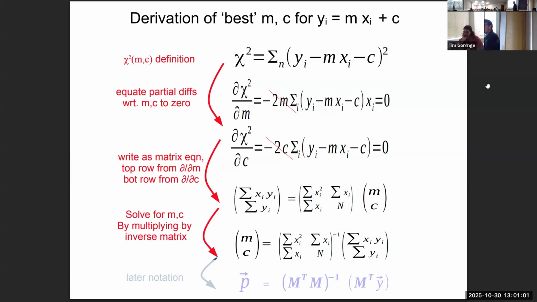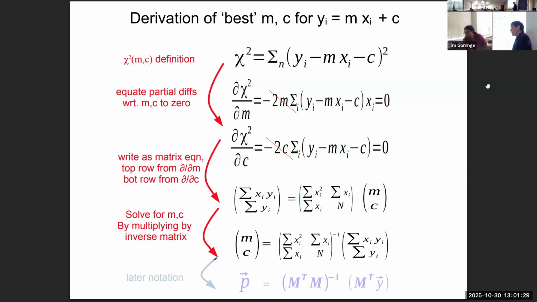But it's just when it's defined that way, I'm just wondering, I cannot see right away why M transpose M is that, and then M transpose y vector is the vector on the right hand side. Like what m will satisfy that, I cannot see right away. Yeah, but then I know we can calculate m.